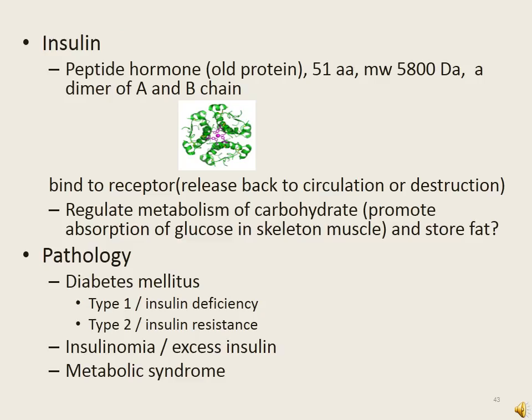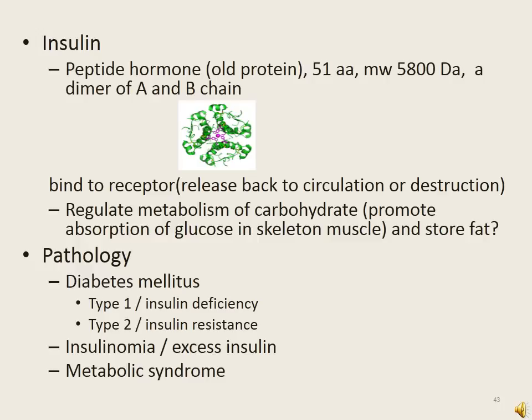This slide describes the characteristics, the properties, as well as the pathology of insulin. Okay, insulin is a peptide hormone, and they call it a protein that was studied many years ago.